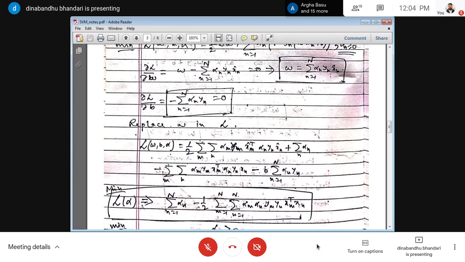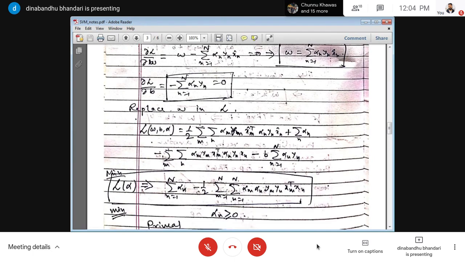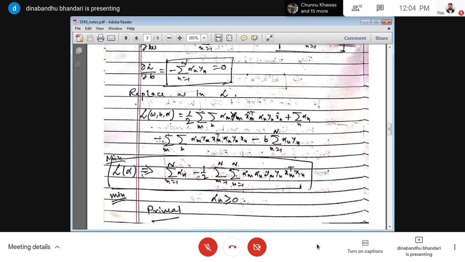And what is this? This is 0, right? Summation alpha n yn equal to 0. So we got this one, and we have to minimize it. And note that all these alpha n's are greater than or equal to 0. And this is called the primal SVM problem. Okay, primal problem for solving SVM.